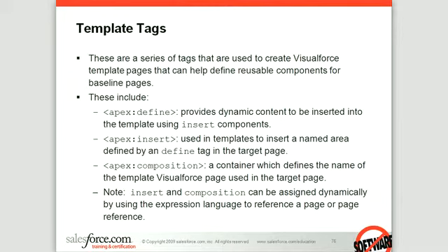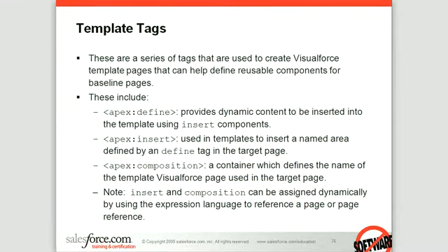In the target page, the original page that the user requests, you would have a composition tag. The composition tag is the mechanism by which we reference the template page. Okay, so this is the one that's going to include the template page. Now also, in the target page, you're going to utilize the define tag.